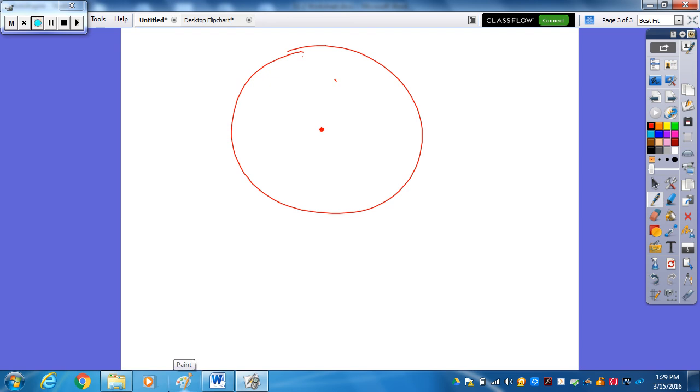If we have congruent central angles, let's draw in two diameters here. One thing I know is my central angles are congruent to each other. I also know that this length and this length and this length and this length have to be the same because they're all radii.